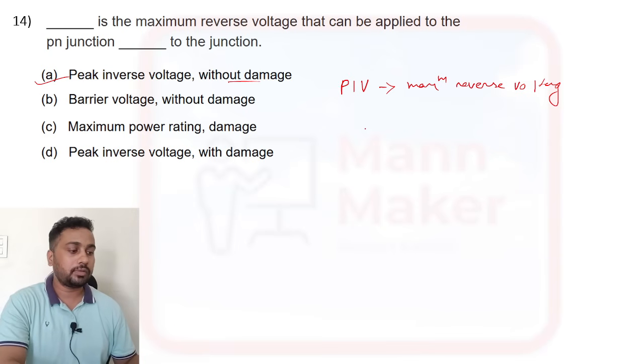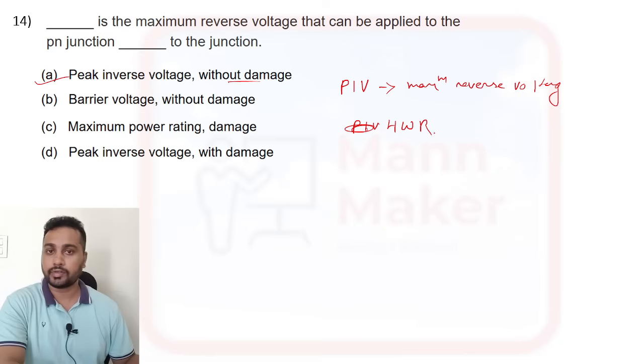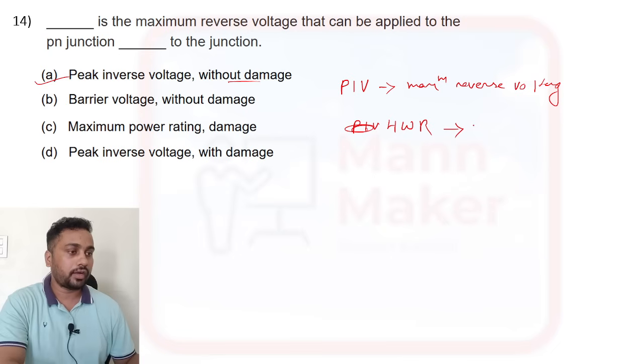From this PIV you just need to remember: we have half wave rectifier and full wave rectifier. Further, full wave rectifier is divided into two types: center tapped rectifier and bridge rectifier. For half wave rectifier, PIV is equal to Vm, that is maximum voltage.